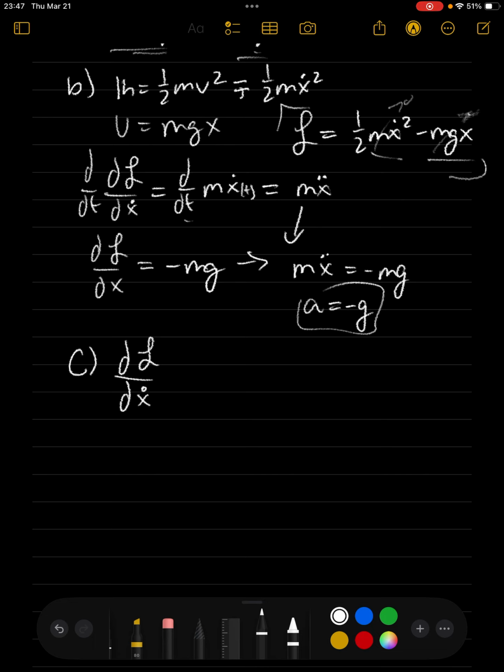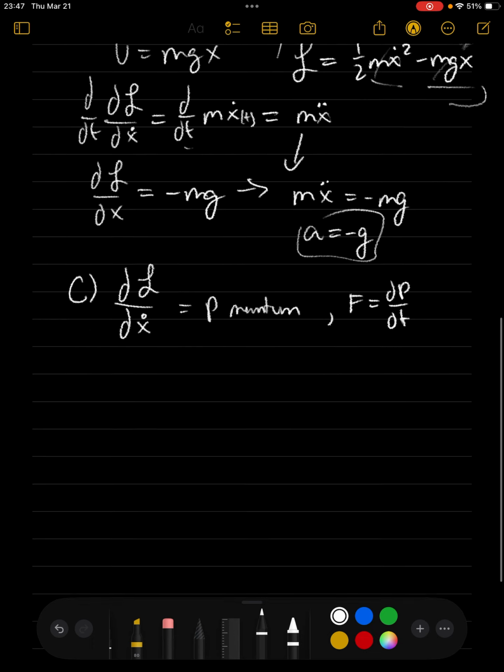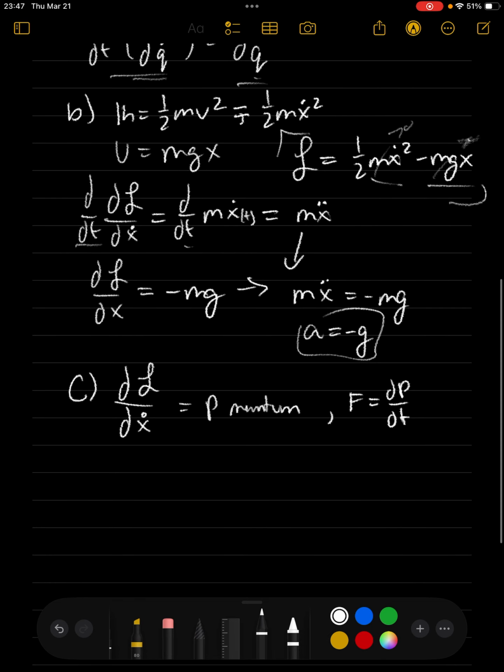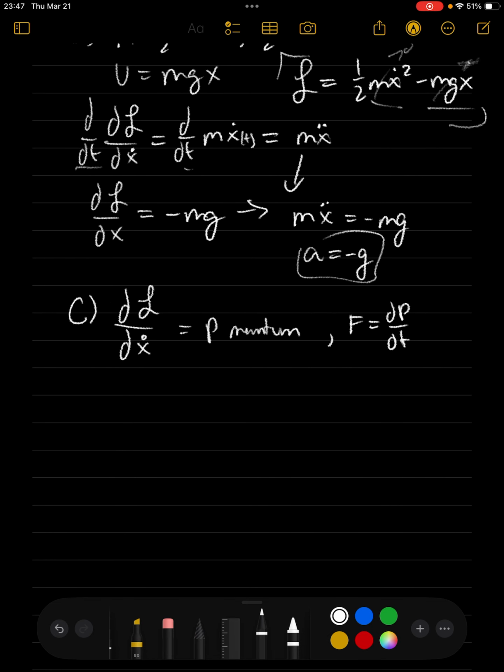This is something that can be related to the momentum. And one thing that we do know is that force is equal to dp over dt. And we can see right here, we do take the time derivative of this. So this right here, d/dt of this, is in fact dp over dt, which is equal to the force.